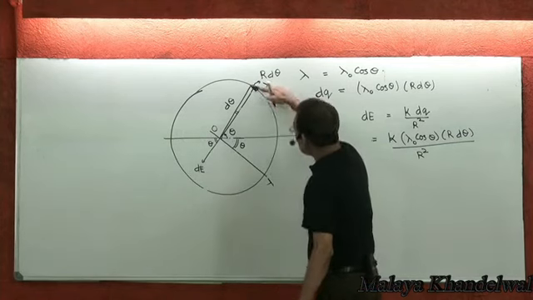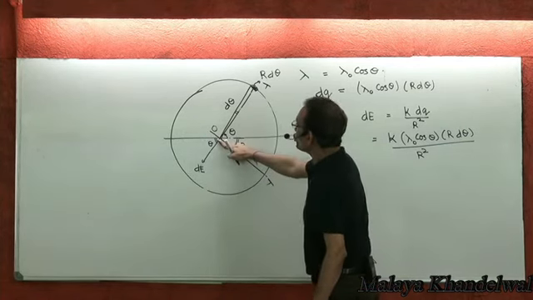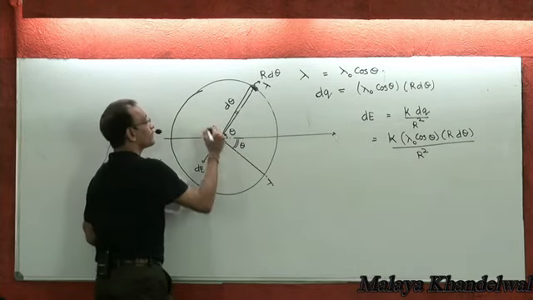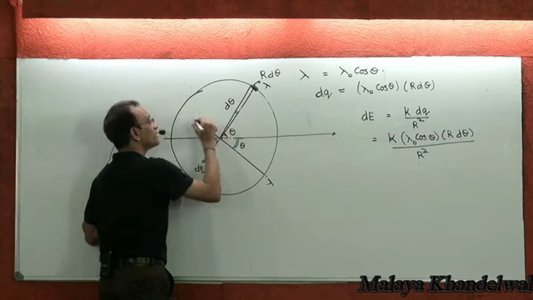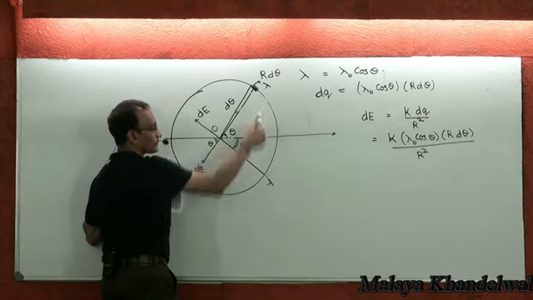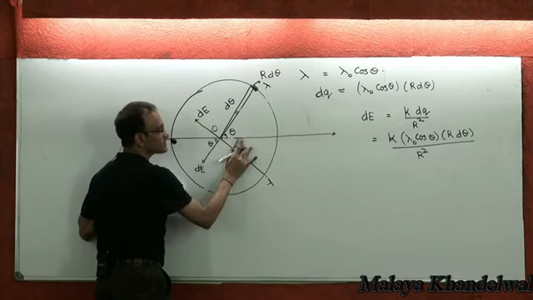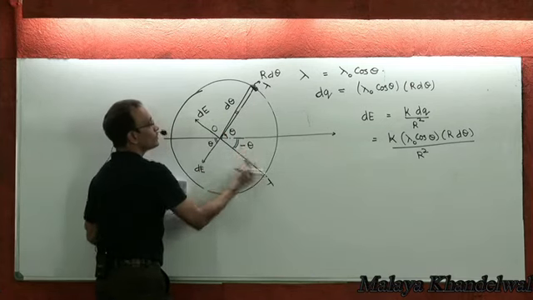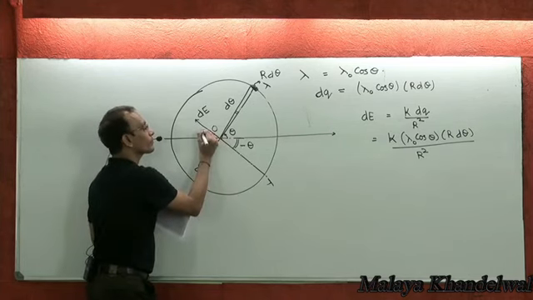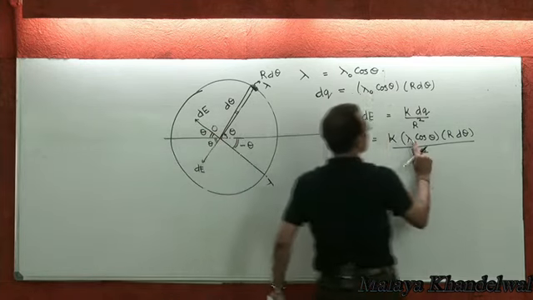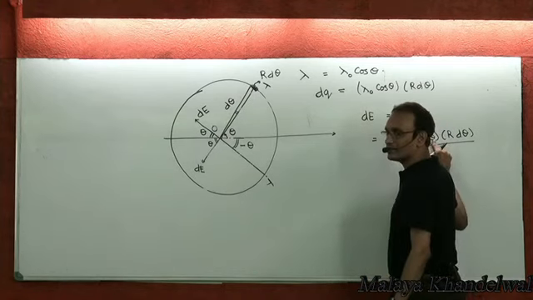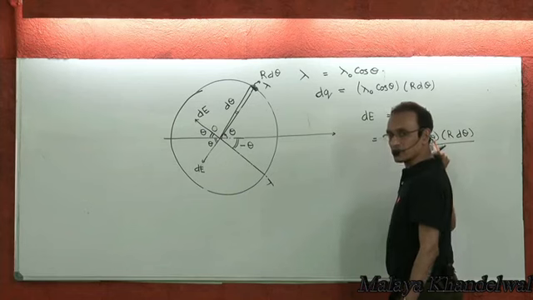That means these 2 elements will produce the same magnitude of dE at O, because cos theta will remain the same. So the 2 symmetric elements at theta and minus theta will produce the same dE this way. Why? Because it's the same value of lambda. Lambda naught cos theta and lambda naught cos minus theta give me the same cos theta, right?